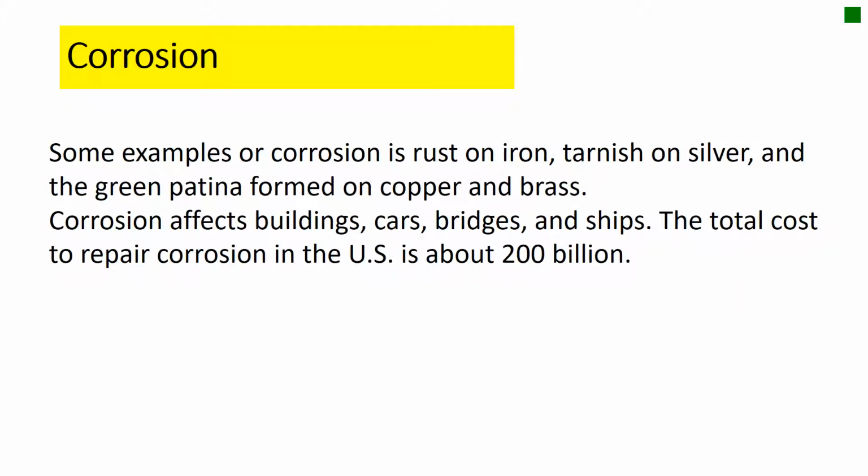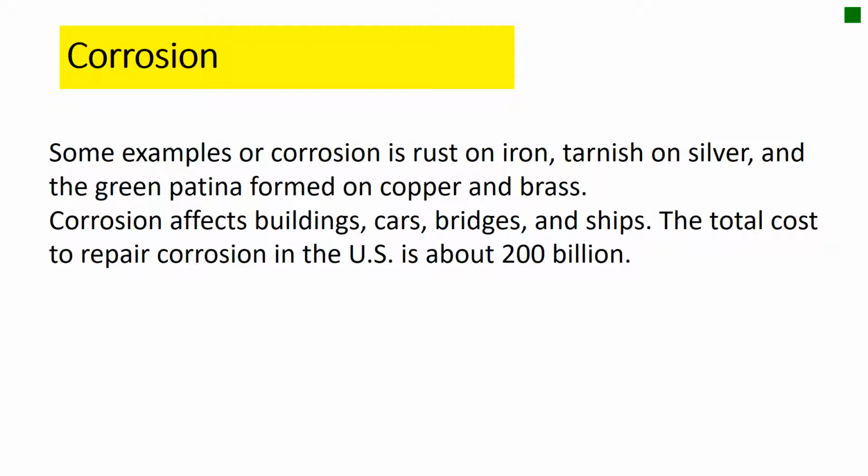Corrosion is something big here in the United States, because, like I was mentioning, it affects buildings, cars, bridges, ships, and basically everything that has metal. It affects the United States economy by costing about $200 billion to repair all of the corrosion that's happening.